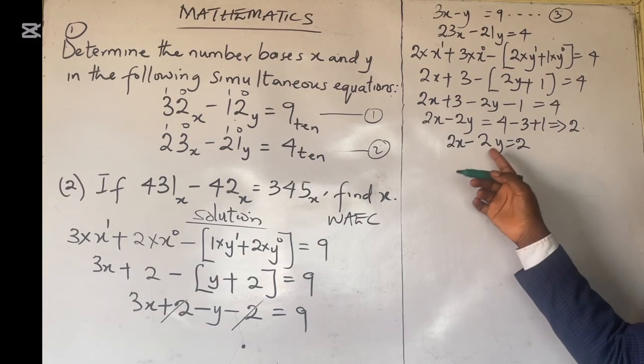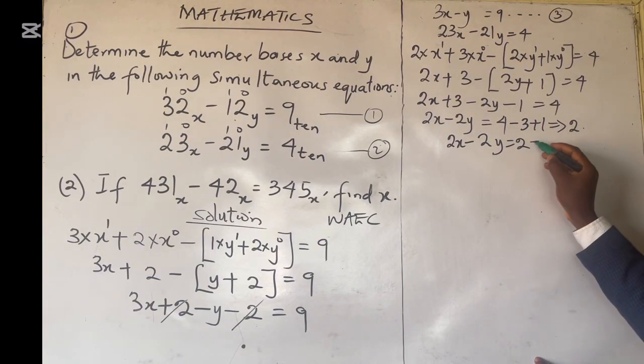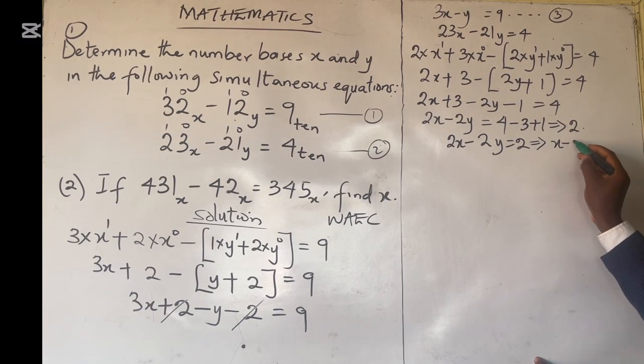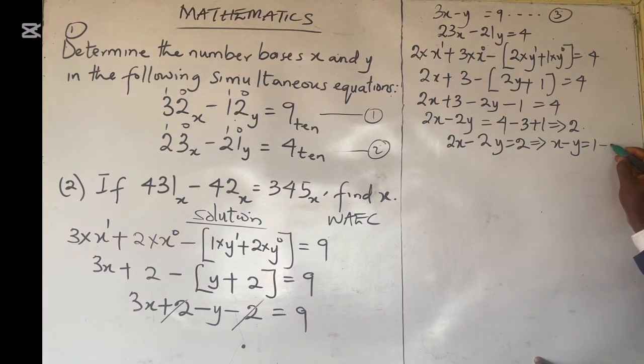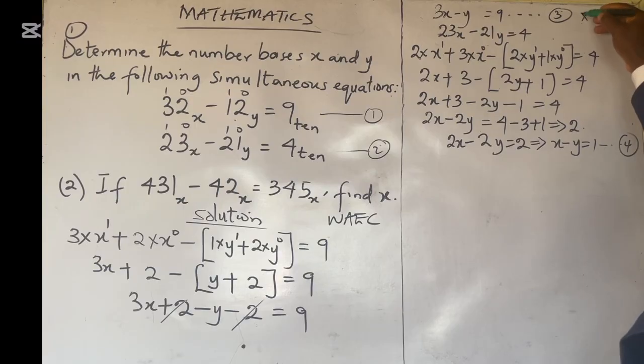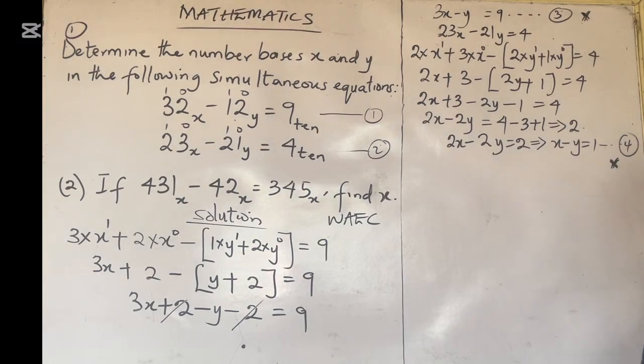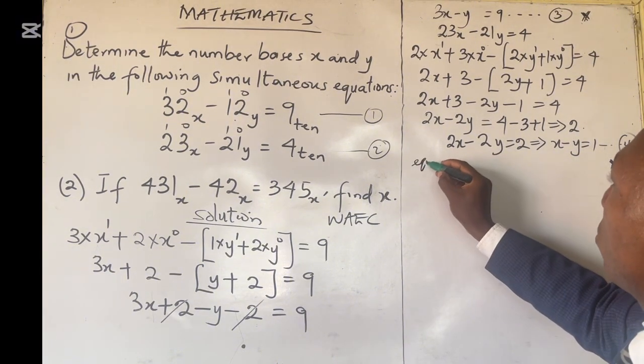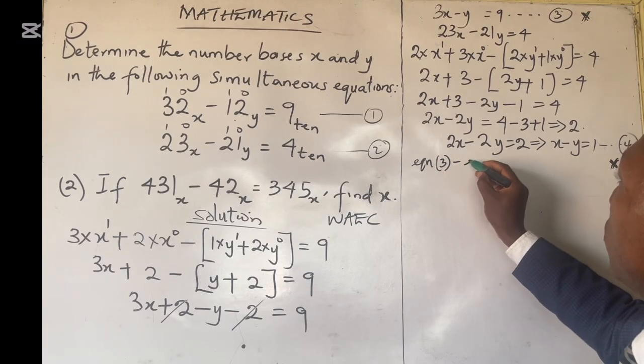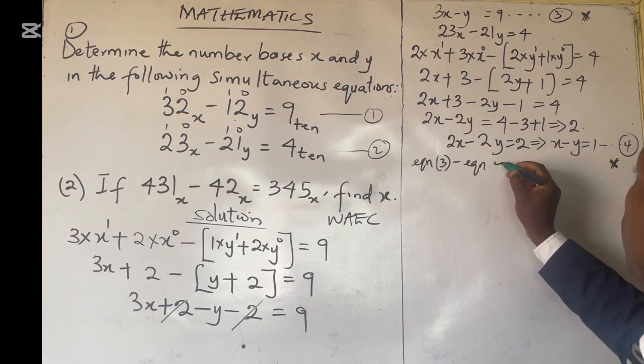We can see 2 is common in the equation. We divide throughout by 2. When we divide throughout by 2, we have x minus y equals 1. Let's call this equation 4. When we compare equation 3 and equation 4, they are simultaneous equations. I have minus y here, I have minus y here. I can subtract, equation 3 minus equation 4.